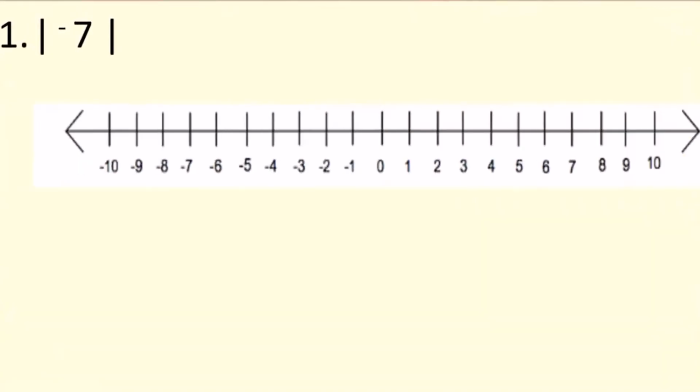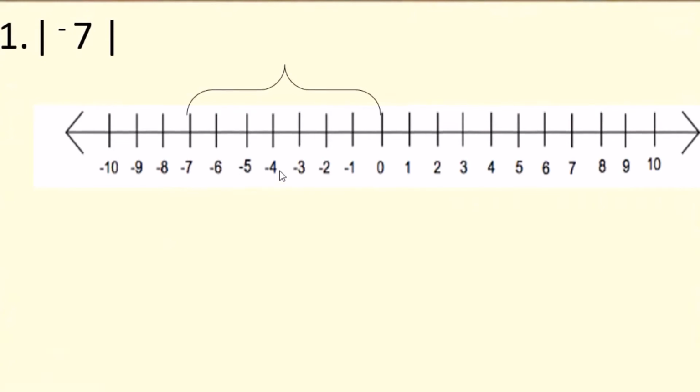Another example is the absolute value of negative 7. So the number line from negative 7 going to 0, let us count 1, 2, 3, 4, 5, 6, 7. So 7 units. So it is equal to 7.